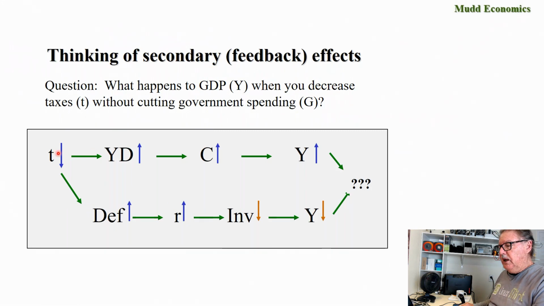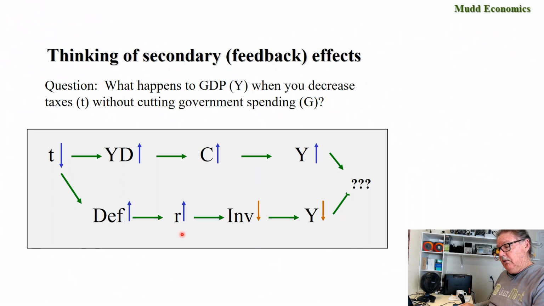In addition to the chain of influence represented along the top line, what happens to GDP or national income when you decrease taxes without cutting government spending? Now in this model we realize there's actually a secondary effect as well. The top line is still the same. Taxes go down, disposable income goes up, consumption goes up, and that increases national income. But because we reduced taxes, the deficit goes up, which increases the demand for funds.